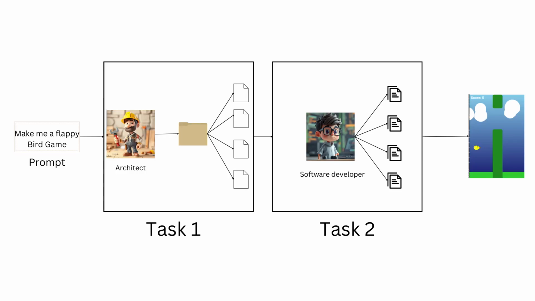The second task will be to write appropriate code in all these files that we have got from the previous step. And for that, we are going to need a game developer, or you can say a coder or a software developer, to write good code according to the game specification. So the coder will write code in each file, and then whatever output we are getting, we'll save in a file like code.md or any file.